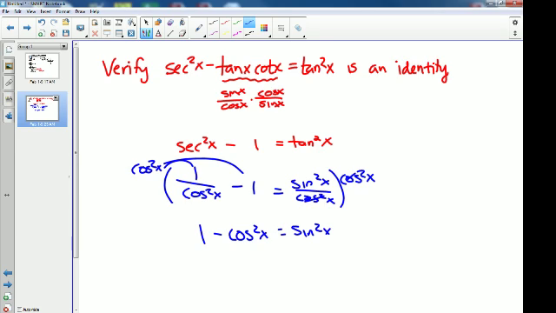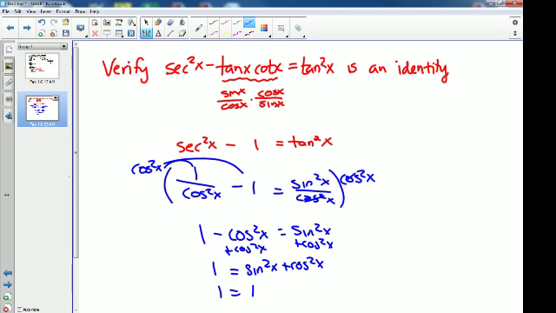Add cosine squared. That's fine. So 1 equals, we're going to add cosine squared here. One equals what? 1.